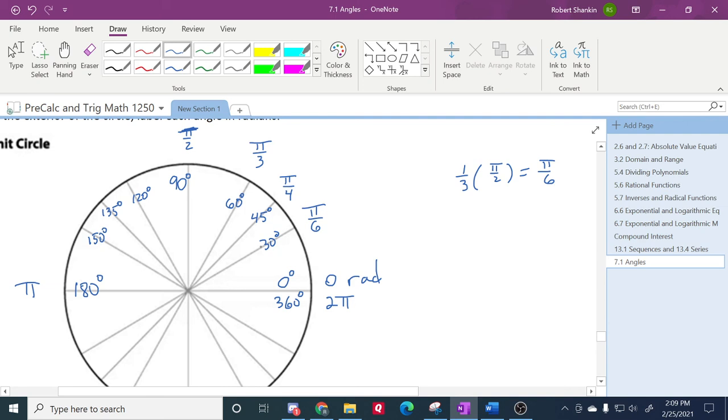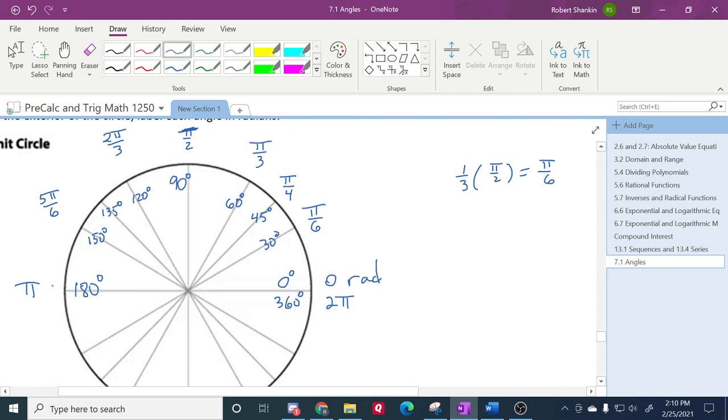But I'm thinking in pi over 6, 2 pi over 6, 3 pi over 6, 4 pi over 6, but that reduces to 2 pi over 3. 5 pi over 6, that doesn't reduce. 6 pi over 6 reduces to pi.